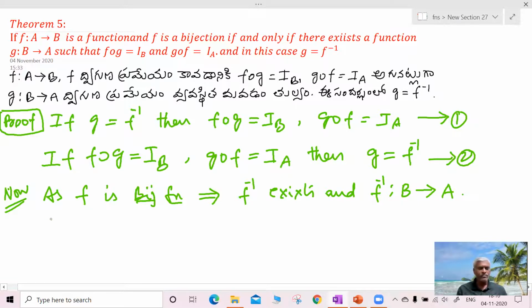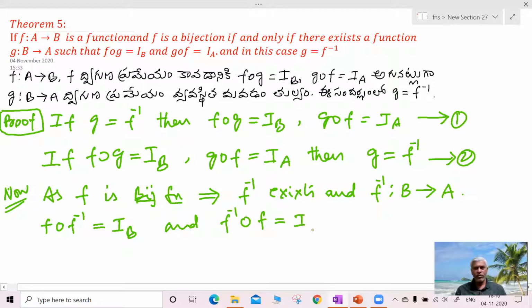Just now we proved from theorem 4: f circle f inverse is equal to IB, and f inverse circle f is equal to IA.